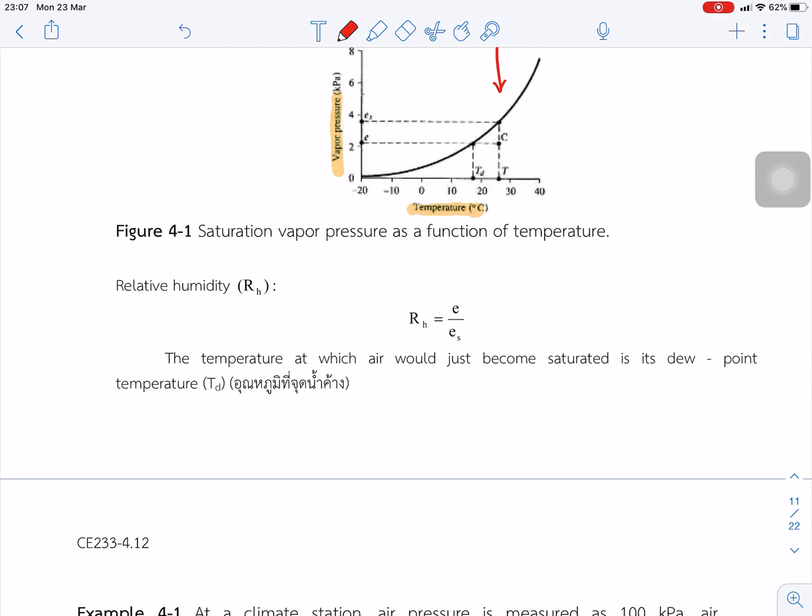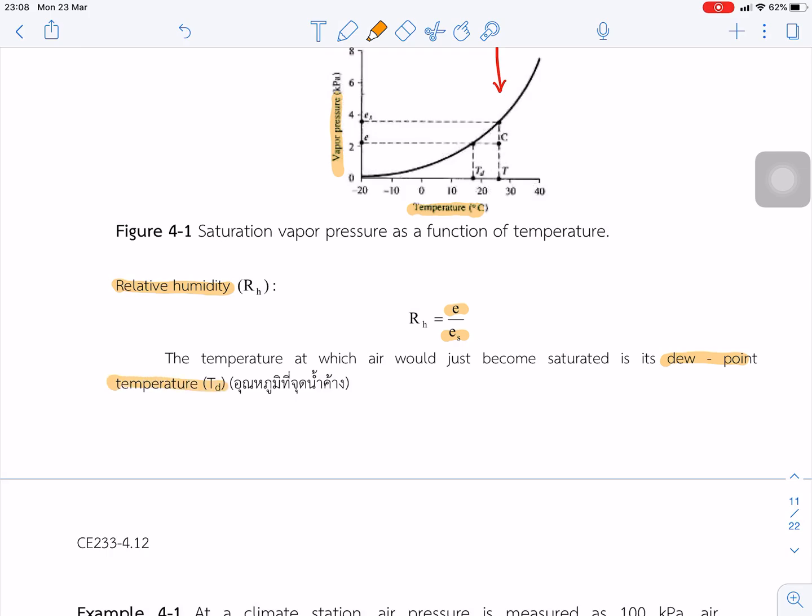The next parameter we call the relative humidity. It is the vapor pressure divided by the saturated vapor pressure, and we can estimate the vapor pressure using the dew point temperature.